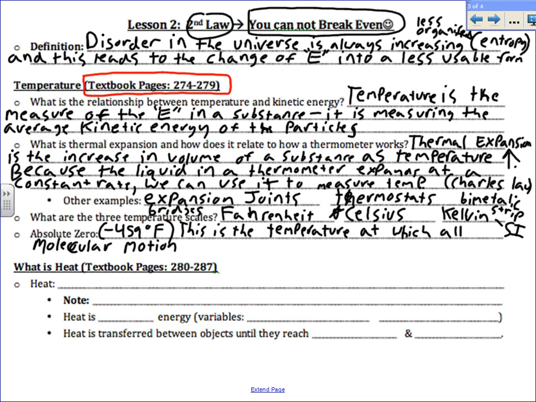And the third law of thermodynamics, which we're not going to really talk about, is about absolute 0. But we don't talk a lot about it because we've never been able to reach it. Never reached it.